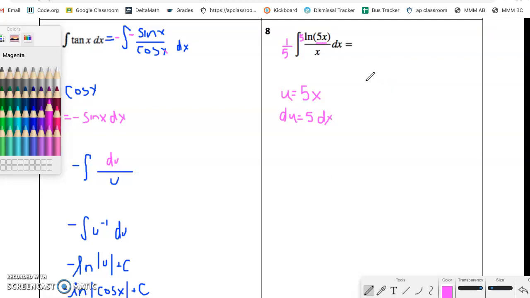So, now I have 1/5 the integral, make my substitutions, and I'll have ln u over x du.